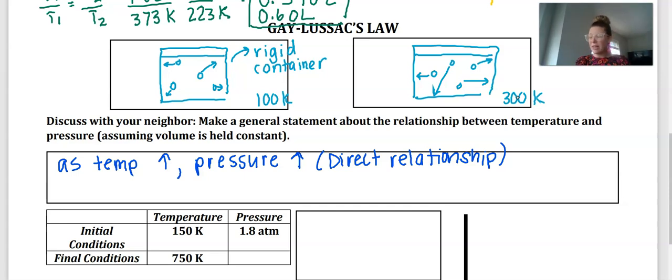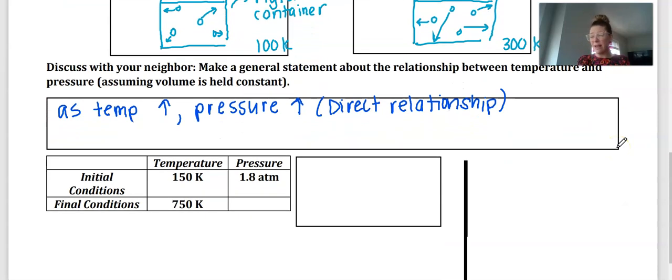It is also important to note that we do need an equation for this. It is a direct relationship, so similar to Charles' law, we're going to set this up in a proportion style division. I like to remember the difference between Boyle's versus Charles' versus Gay-Lussac's as indirect versus direct. Direct is division, indirect is multiplication.